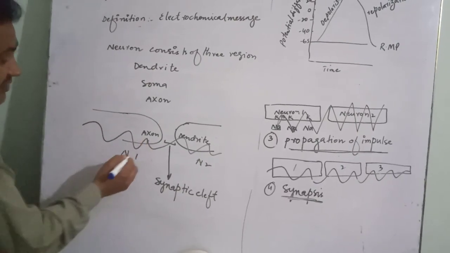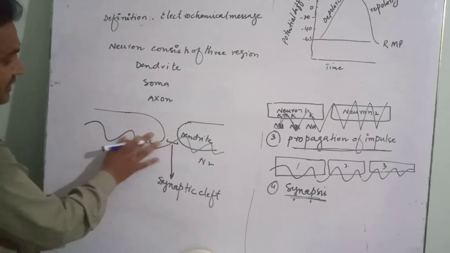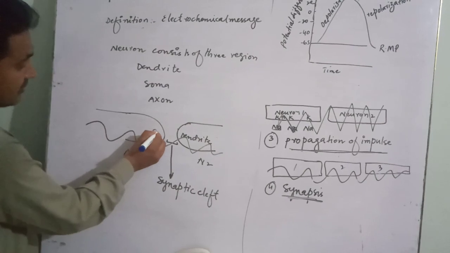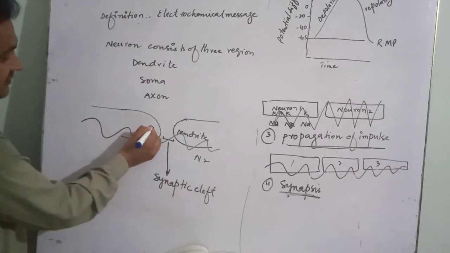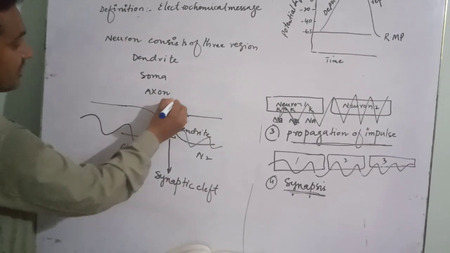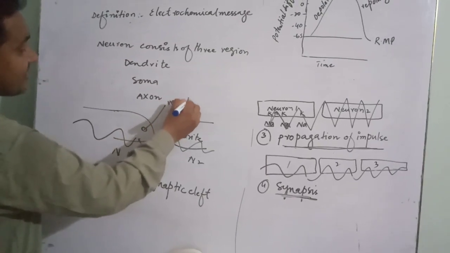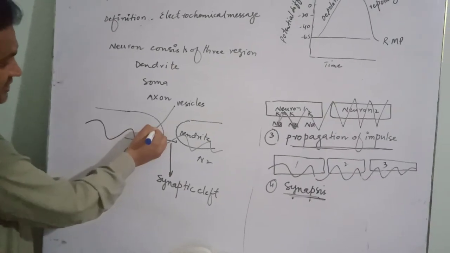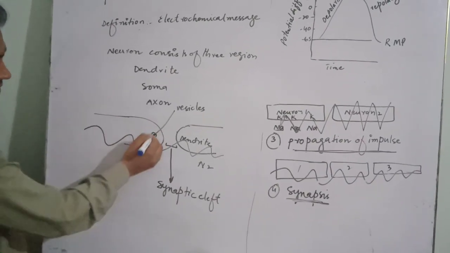The calcium is released. In the axon of the first neuron, there are some vesicles. These vesicles are the bags. They have some neurotransmitters.